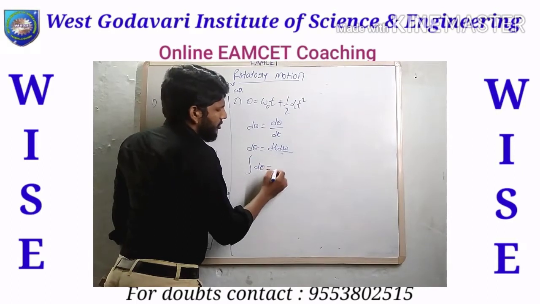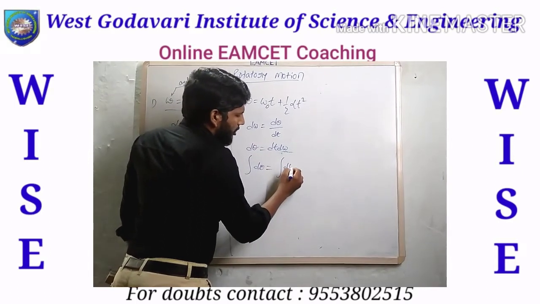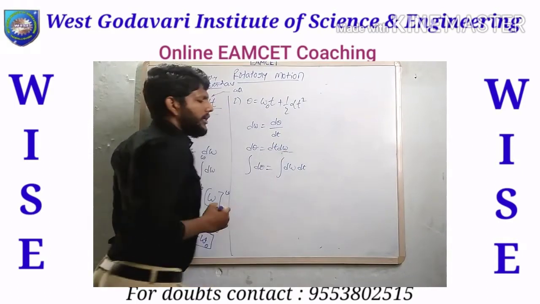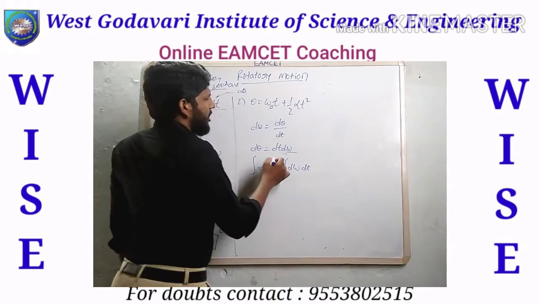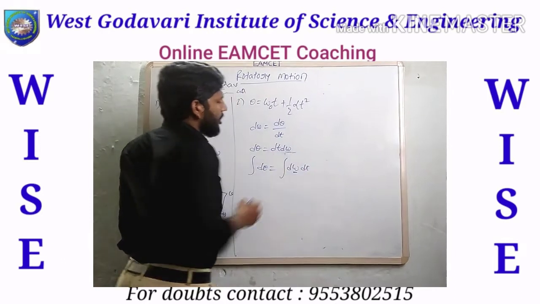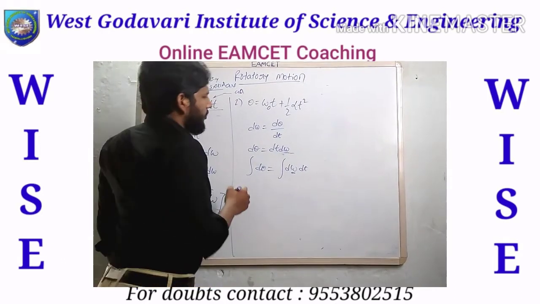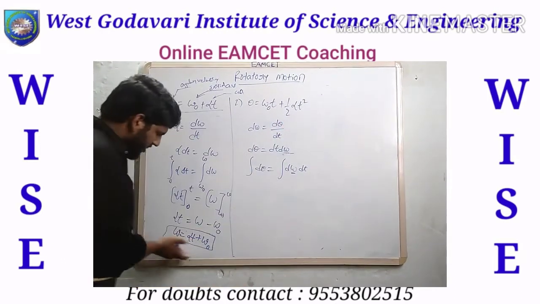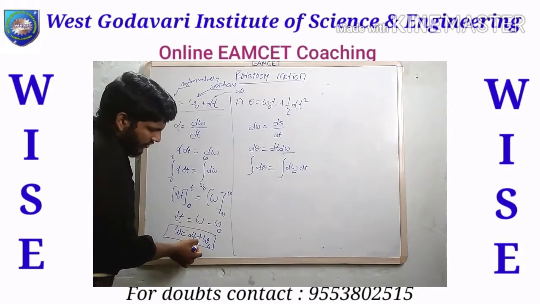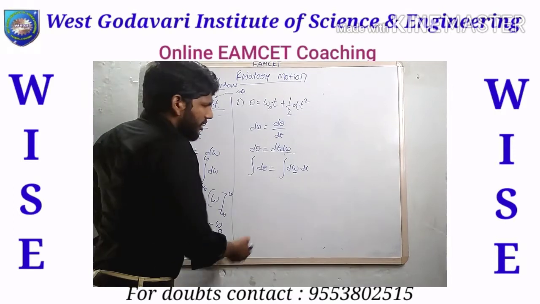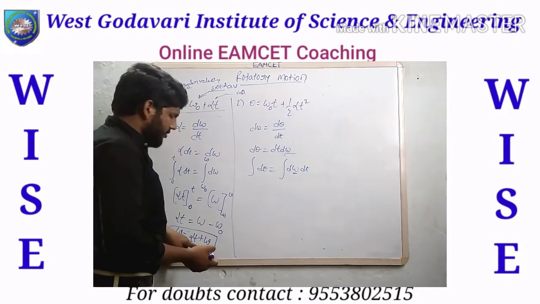Integral d theta equal to integral omega dt. From the previous equation we have omega equal to alpha t plus omega naught.